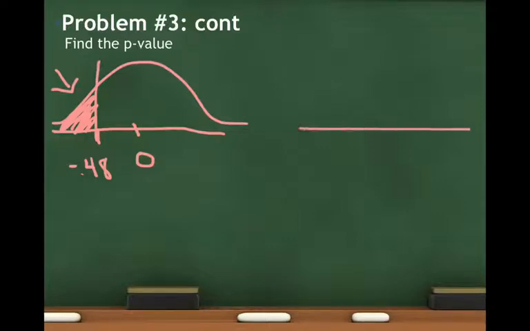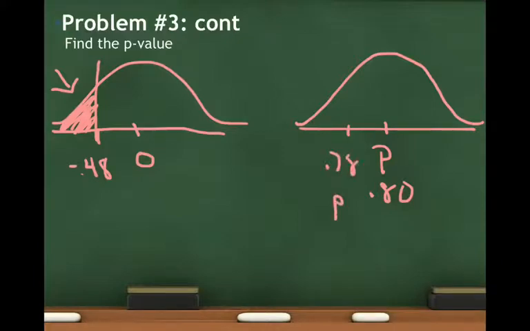You can also think about this not as a z-score, but for the population and sample. Here the mean is at 0.80, our p-hat was 0.78, and we're trying to see if it's less than, so we're trying to find the area on this side as well. You can think of it either as your z-score or as p and p-hat. You're looking at the same drawing, the same area.